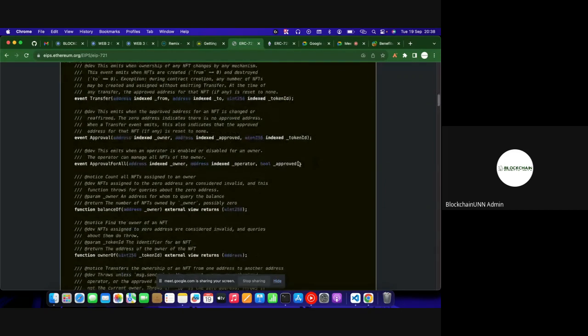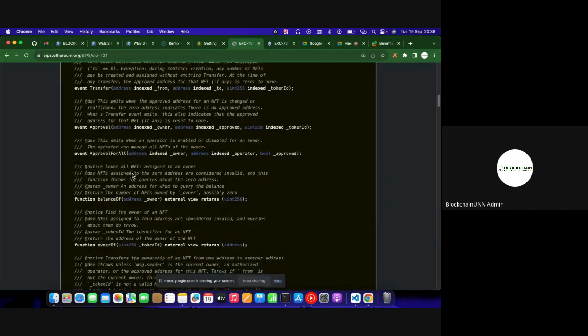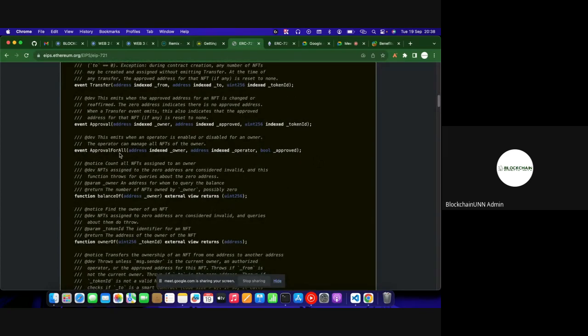Now we have approval for all. This last event, the approval for all event, is basically emitted when an operator is enabled or disabled for an owner. So the operator in the case of NFTs is most times something like a marketplace, for example.